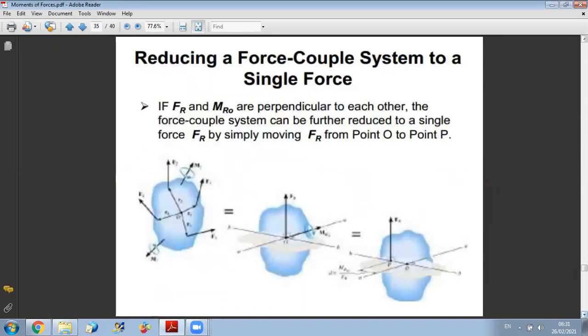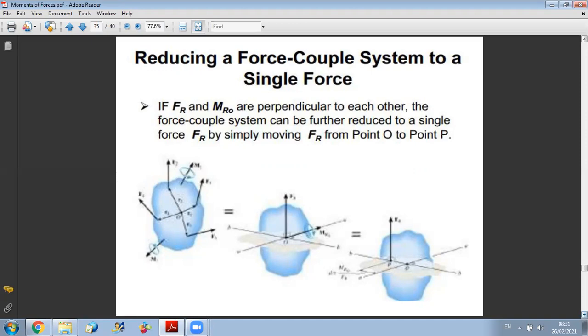Okay. Now, until now, what we did is we reduced the system of forces to one force, one moment at one point. Now, sometimes they can ask us to reduce a system to a single force.